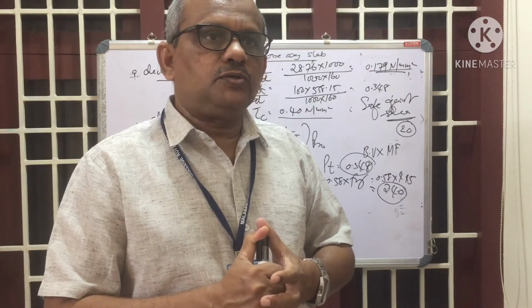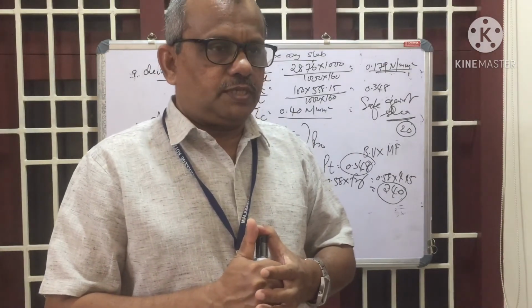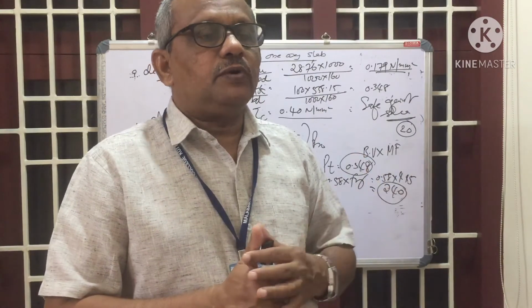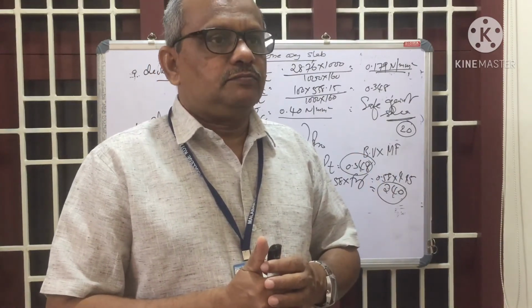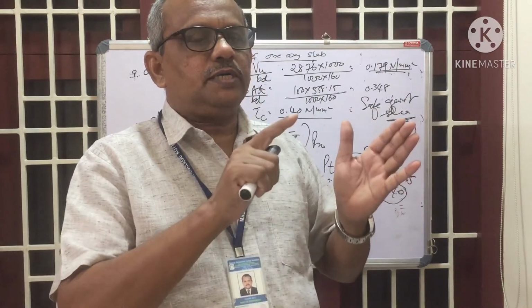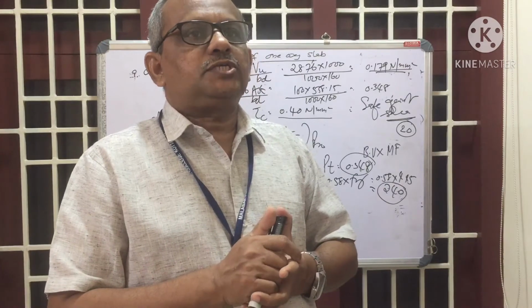Then number 2, calculate or assume the effective depth and overall depth as per the criteria. We have seen that in the last video. And the third one, the effective span Le from the criteria, taking clear span plus effective depth or clear span plus one wall thickness.